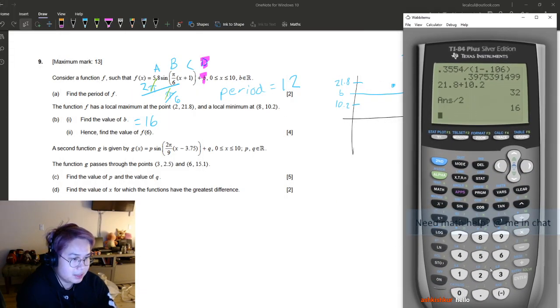So punch it all in. 5.8 times sine pi divided by 6 times x. Oh, well, x is 6 now, so let's change that to 6. Plus 1, close, close, and then plus b, which we found out is 16, so plus 16. And so my value of f of 6 is 16.4.